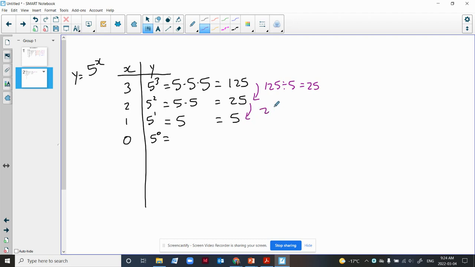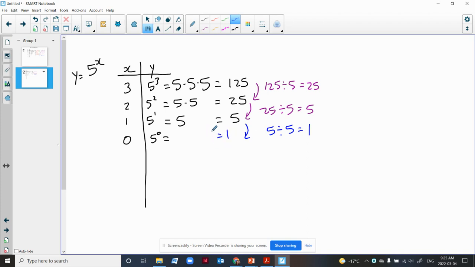And 25 divided by 5, because that's our ratio, is 5. That gives us our number. So again, to figure out what 5 to the 0 is going to be, that's going to be 5 divided by 5, which is equal to 1.